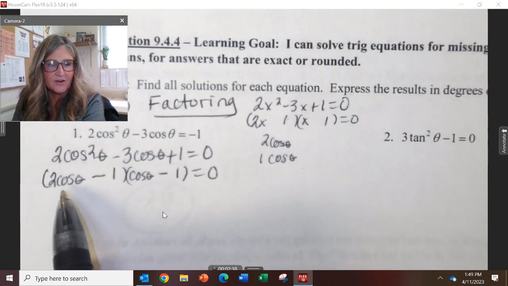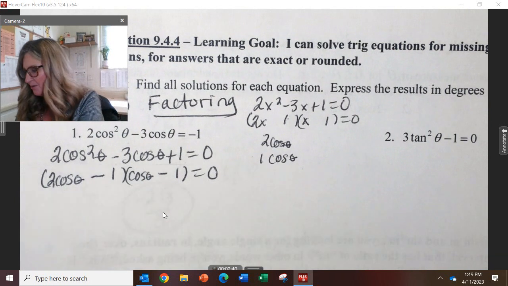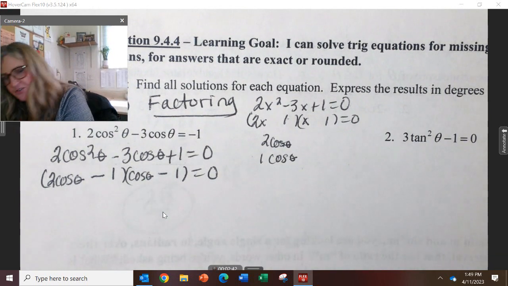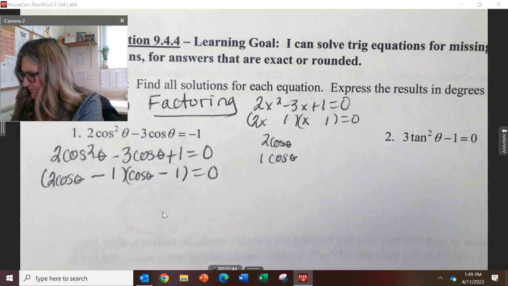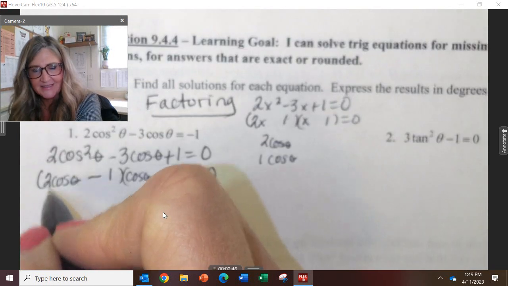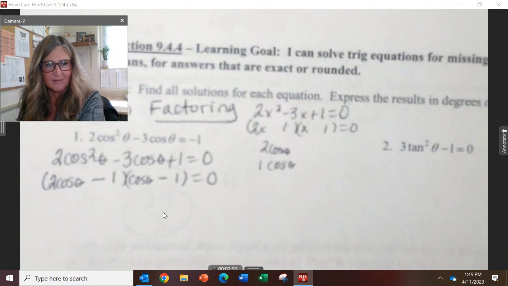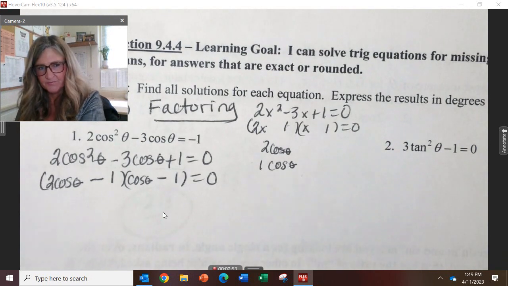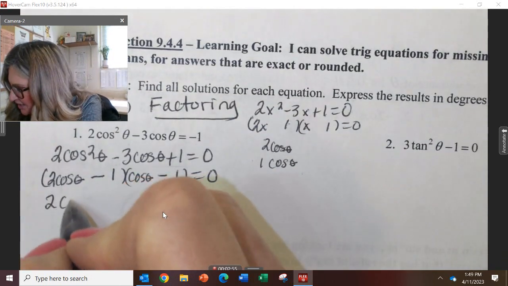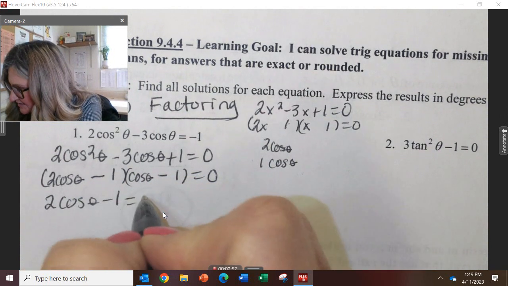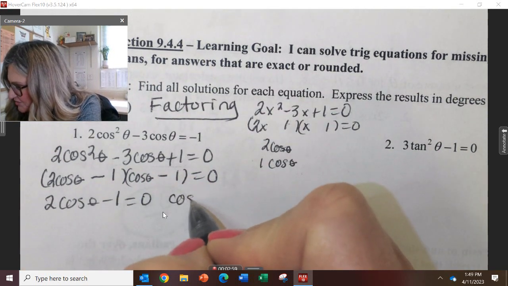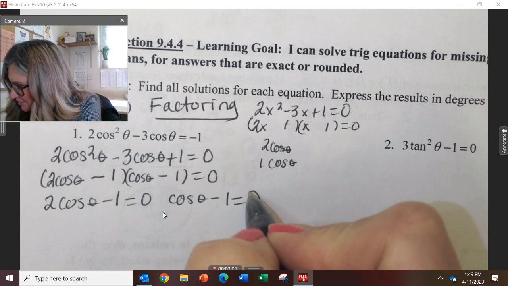So it has to be the case that either 2 cosine theta minus 1 has to be 0, or cosine theta minus 1 has to equal 0.